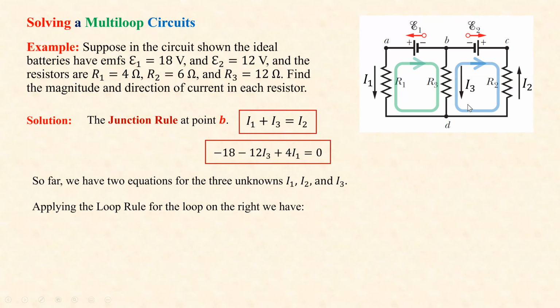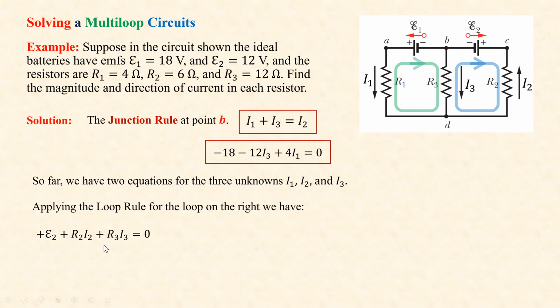Now we take this one, applying loop rule for the loop on the right side. We have, again, you see from B, if you go, we get positive E2 and positive R2 I2, and again against I3 we get a positive R3 I3, right? See the positive here, against positive, against positive. So 3 positive values equal to 0.